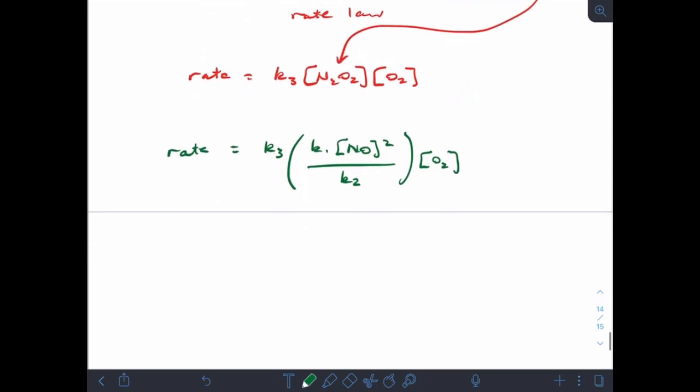And we can simplify this a little bit, with a little math hand waving. If we let capital K equal K3 times K1 over K2, then our rate law becomes simpler. The overall rate law now is capital K NO squared O2.